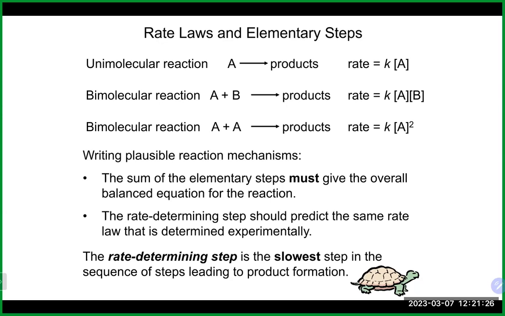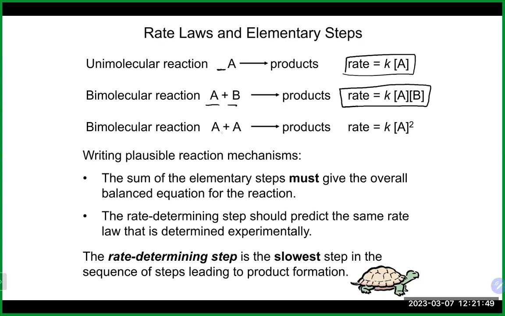So for example, here in this step, the coefficient is 1. These are both 1, right? Which means we could write a rate law for this bimolecular step where the rate is equal to k times a to the first order and b to the first order.